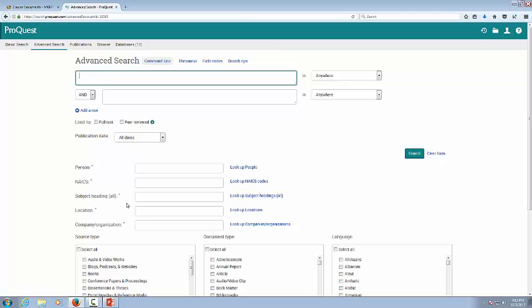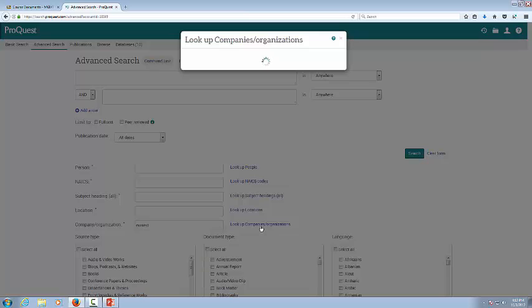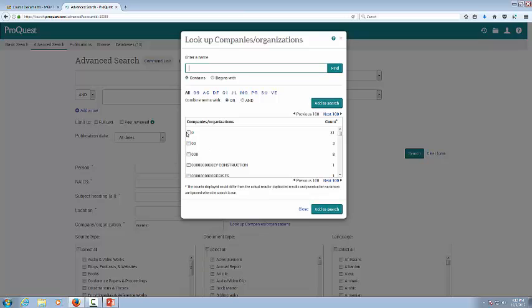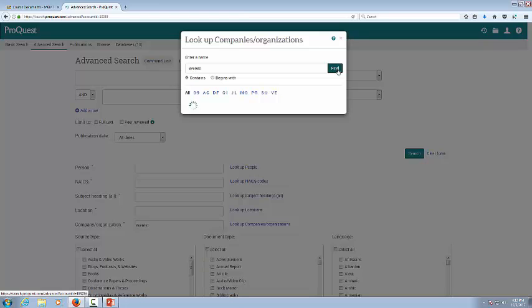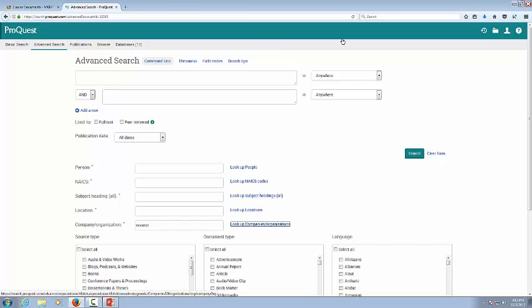Oh, actually type in company name organization, Everest. Look up companies and organizations. And once again, this gives various Everests that you can then narrow down to the one that you're looking for.